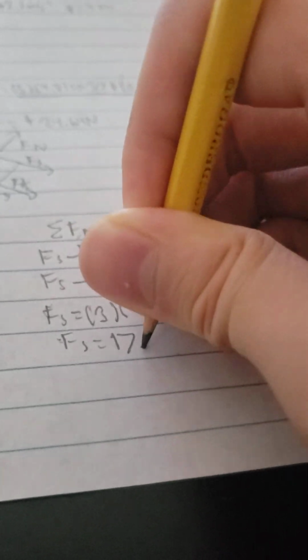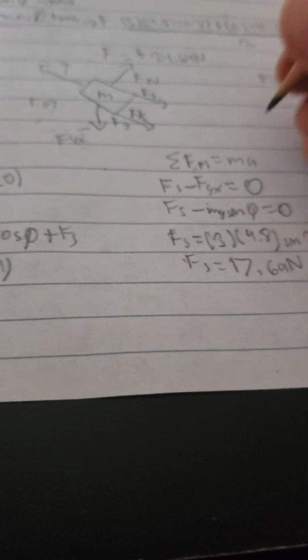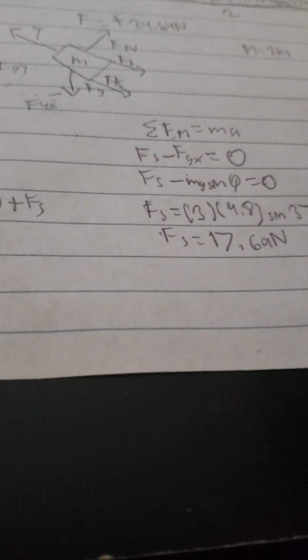But f of s equals 17.69 newtons. And then we can just plug in all the values that we have already. Just assume that we divide by 2, we just move the 2 over, but I'm going to put all the numbers in now. And for the FK right here, we're just going to put FK.